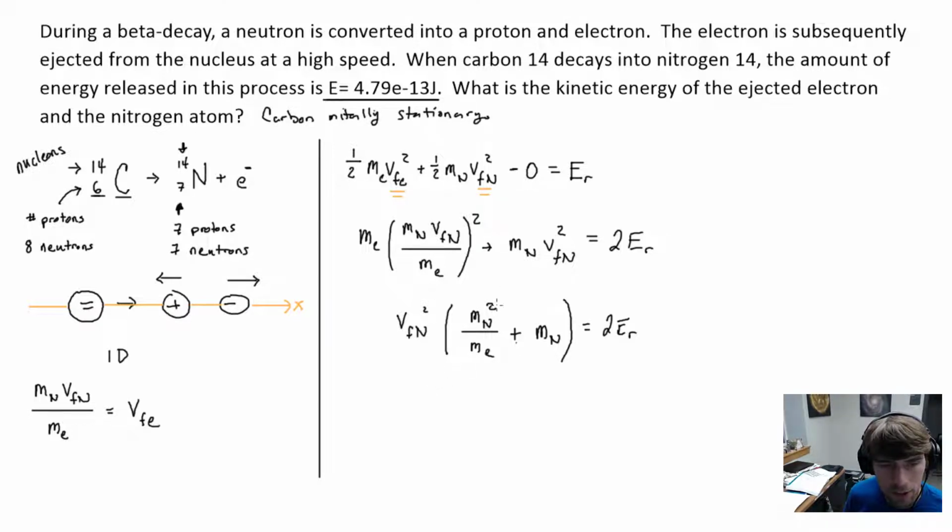Well, I guess we could get some sort of common denominator if we really wanted to. So the final speed of the nitrogen is equal to 2 times the released energy times the mass of the electron, divided by the mass of the nitrogen times the mass of the nitrogen plus the mass of the electron. And of course, we square root it at the end.